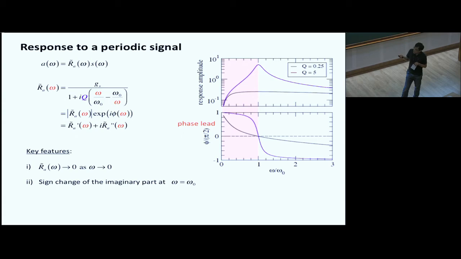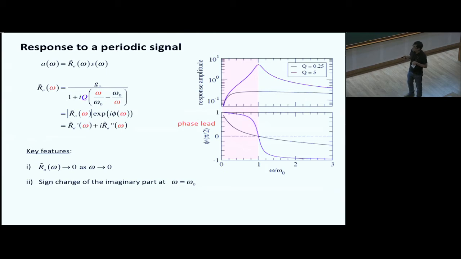So if omega is greater than omega 0, then this ratio will be greater than 1, and the second one will be less than 1. So you have a positive number here. That means if you look at the sign of the imaginary part of this response function, it's going to stay positive.